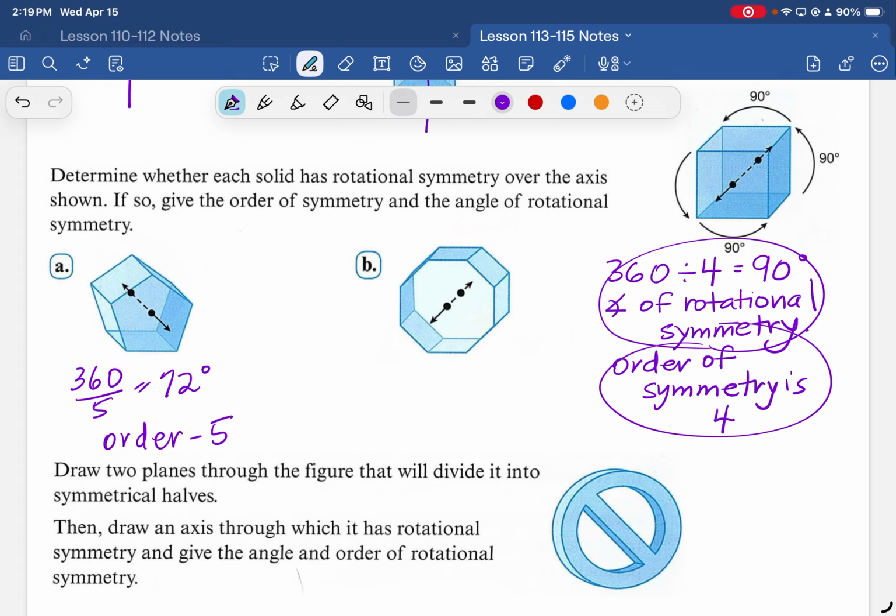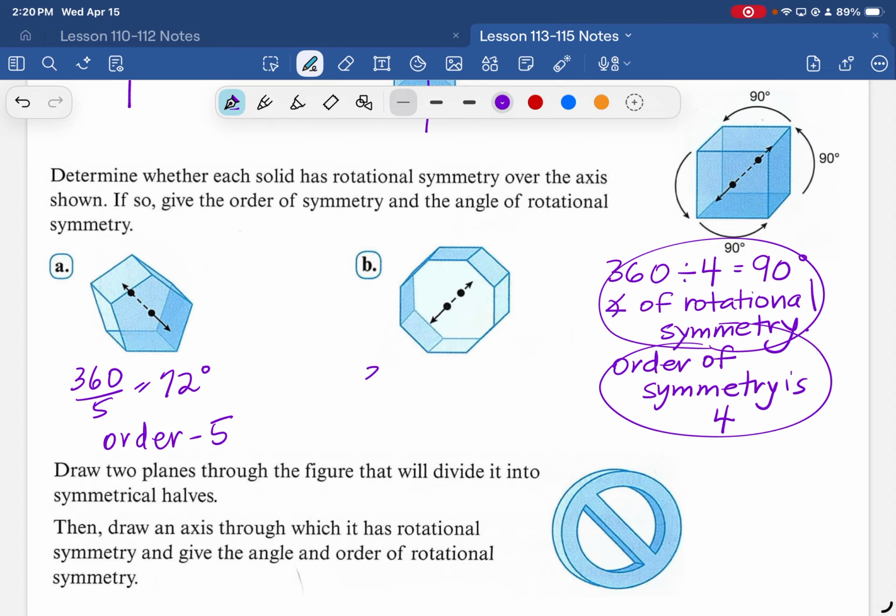All right, you try to do example B. Okay, Logan, how did you get the angle of rotational symmetry?